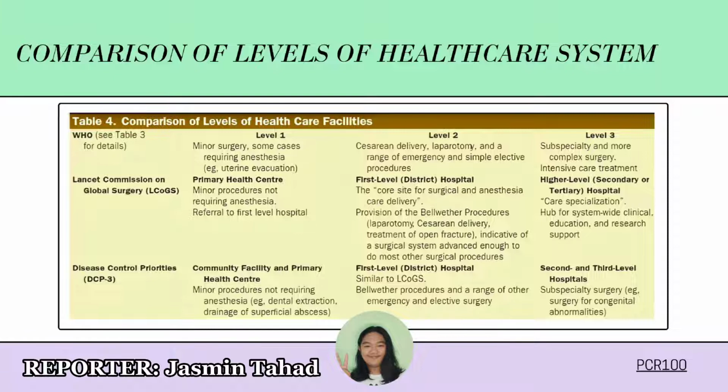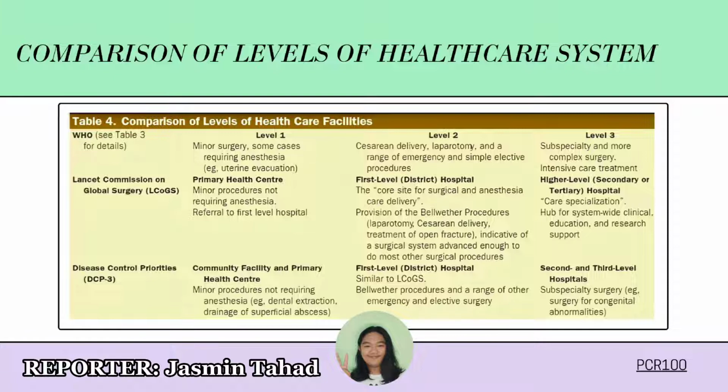So, the first level or the district hospital, according to the Lancet Commission on Global Surgery, should have the core site of surgical and anesthesia care delivery, provision of the bellwether procedures such as laparotomy, cesarean delivery, treatment of open fractures, indicative of a surgical system advanced enough to do most other surgical procedures.